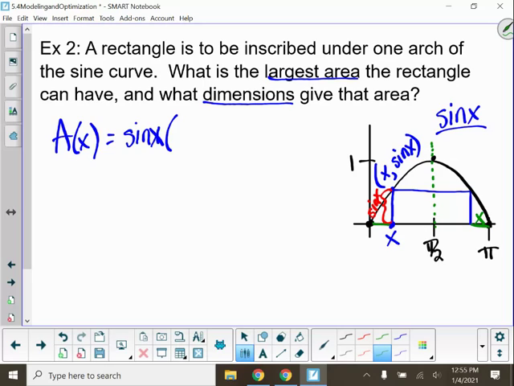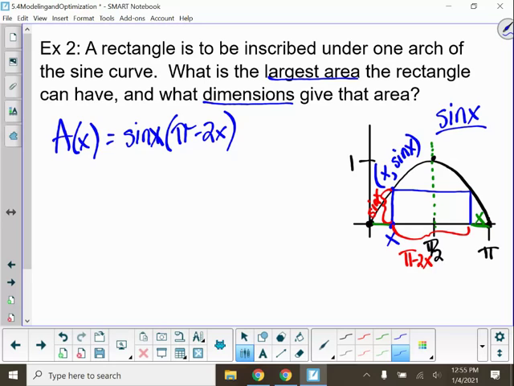So if you were taking the whole distance here, this whole length of pi, and you're subtracting out an x on the left and an x on the right, that leaves you with this distance being pi minus 2x. Because again, you have an x on each side, the whole distance from the origin to where it crosses the x-axis again is pi, and you're subtracting out x's on each part.